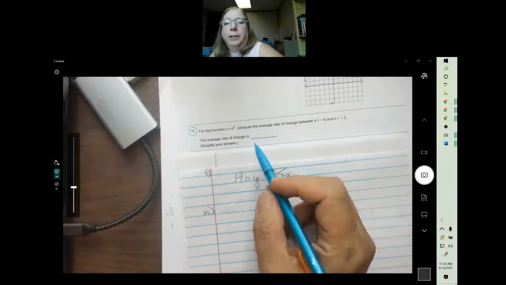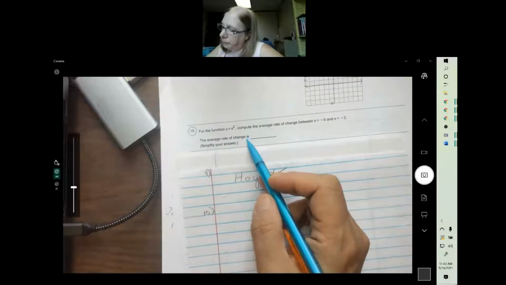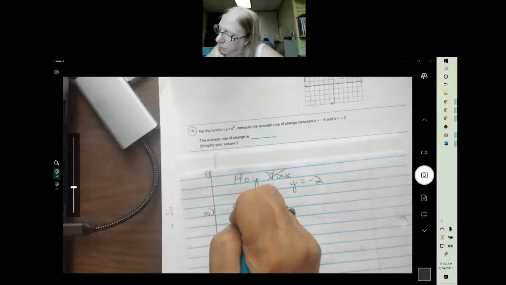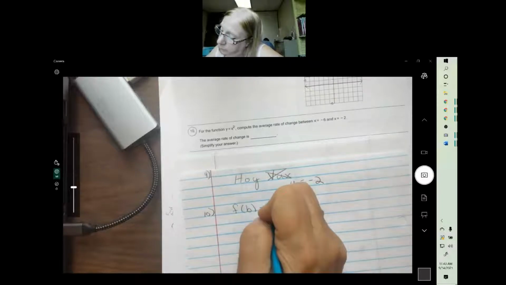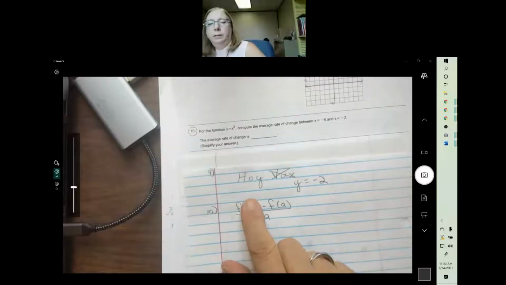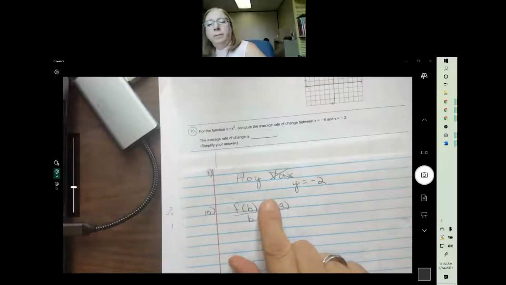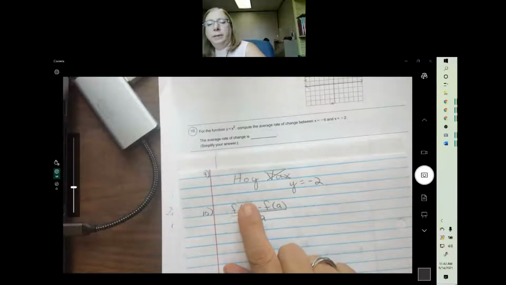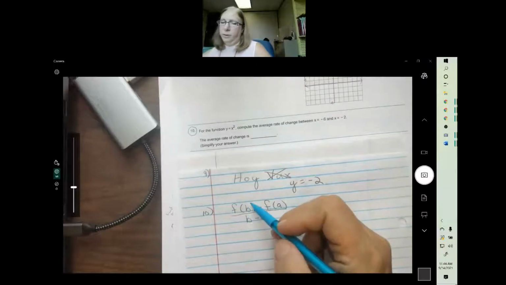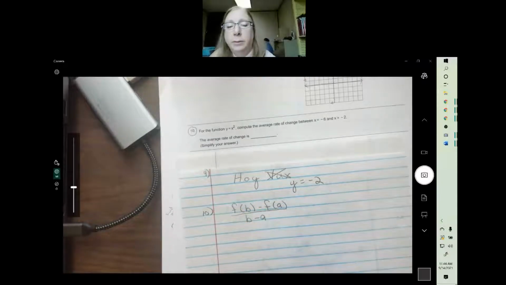Number 10, the average rate of change. Average rate of change is slope. But you could also use this formula: f of b minus f of a over b minus a. Because remember, f of x is just y.